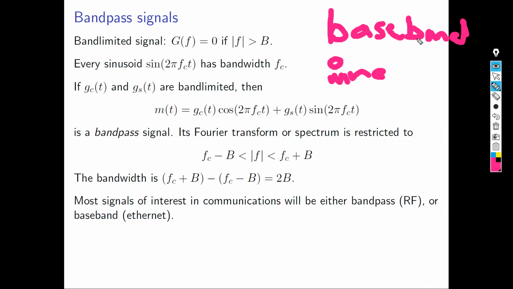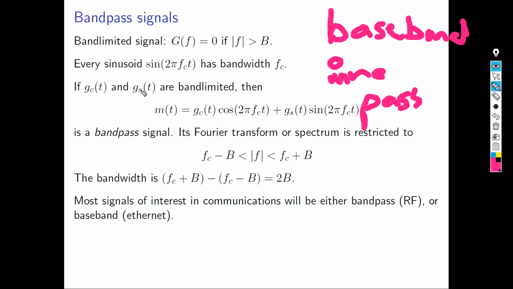While passband, you can transfer it wirelessly. It's not around zero, it's around a high carrier frequency and can travel through the air. These are the key differences.